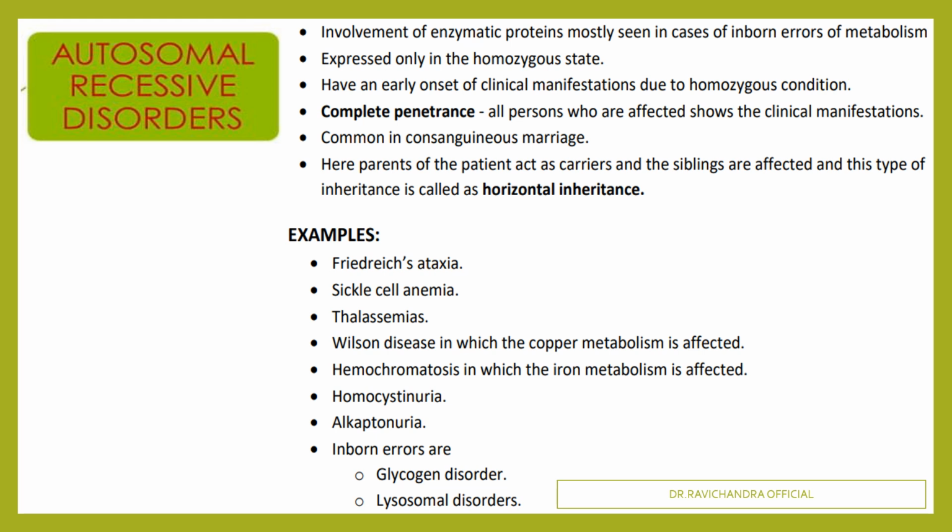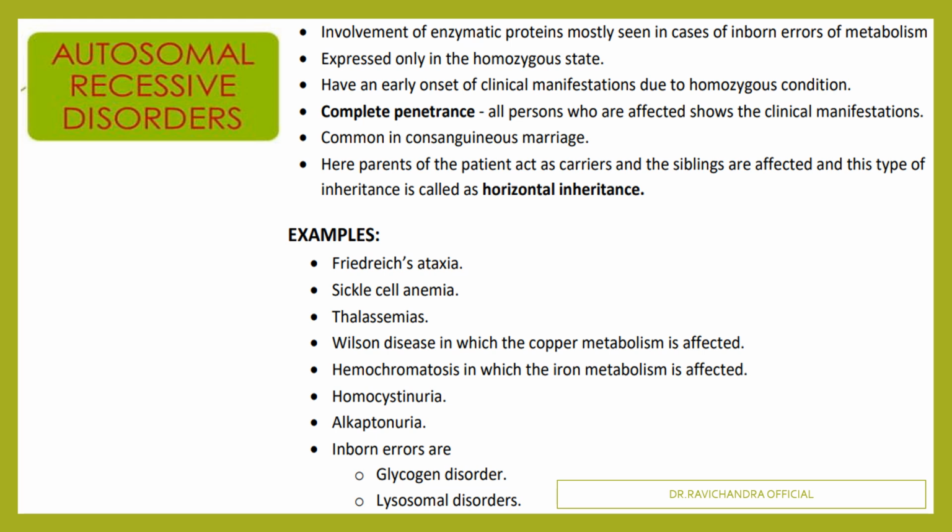So the difference between autosomal dominant and recessive disorders is that there it affects 50% of the progeny, here complete penetrance; there it is a heterozygous state, here homozygous state. There vertical inheritance is seen, here horizontal inheritance. There structural proteins are involved, here enzymatic proteins are involved.